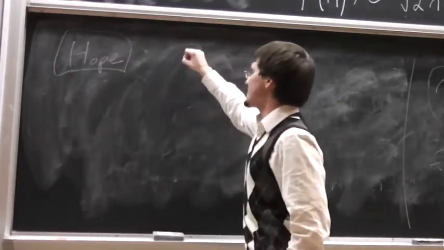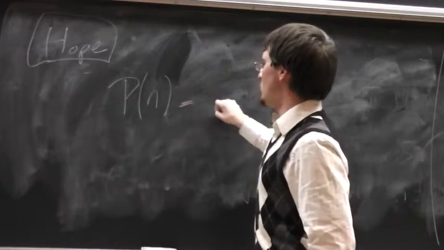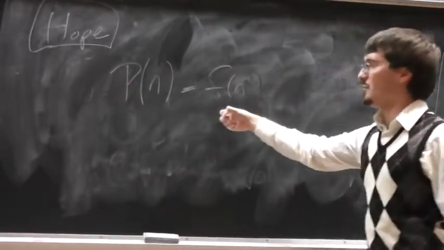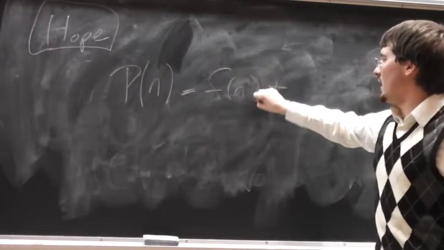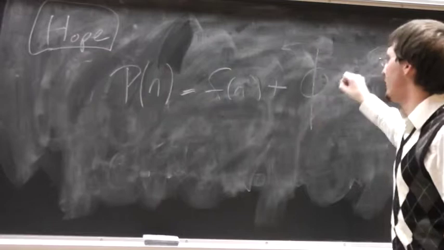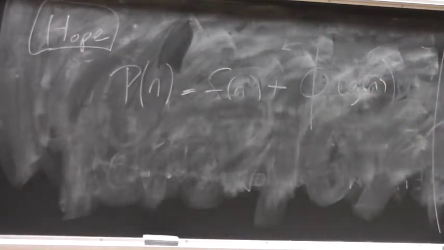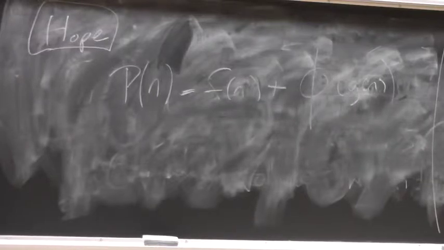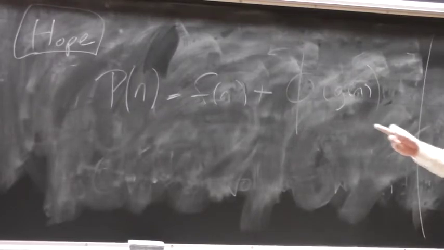The hope is that P of n would equal this little f of n, which says the maximum element that you need to throw in there anyway, plus some function of g of n. I don't know, I blanked on this. That looks so impossible to read. Can you really read that in the back and the sides? This would be a hope.